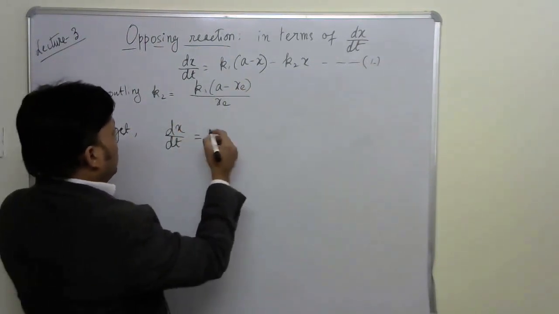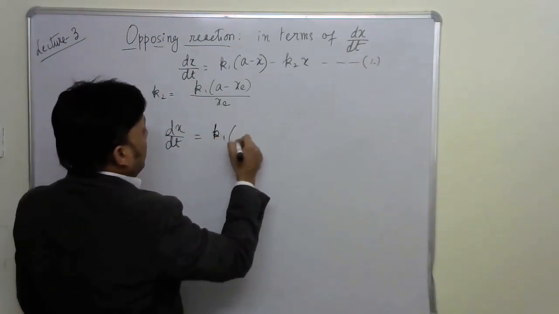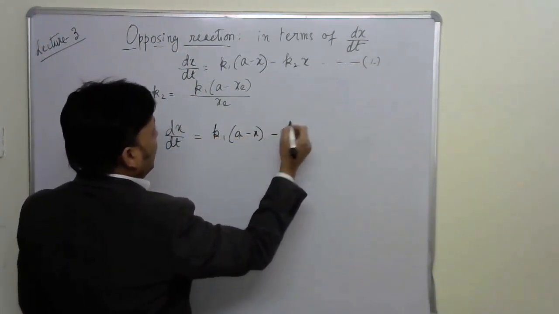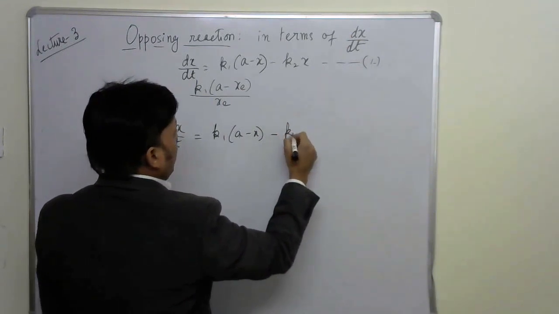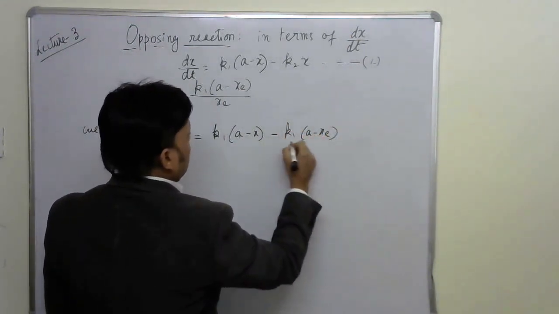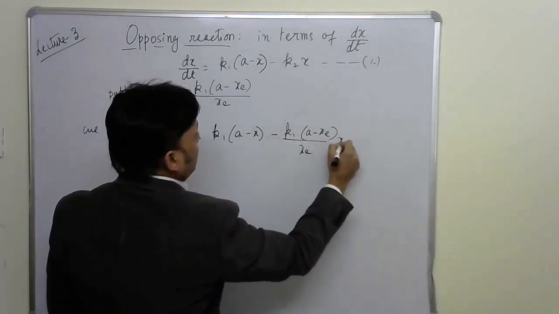So here dx/dt is equal to k1(a − x) minus, in place of k2, k1(a − xe) divided by xe, multiplied by x.